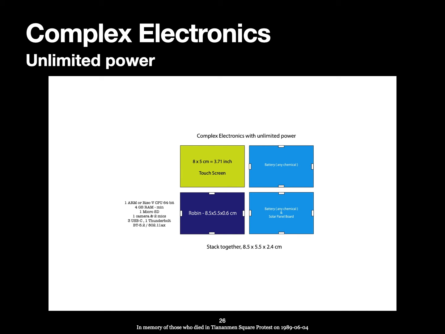Next, we have a configuration for complex electronics. What you see here again is a basic setup. It contains a 3.71-inch mini touch screen and a Coca Roll board, and as many batteries as the designer of the complex electronic prefers.